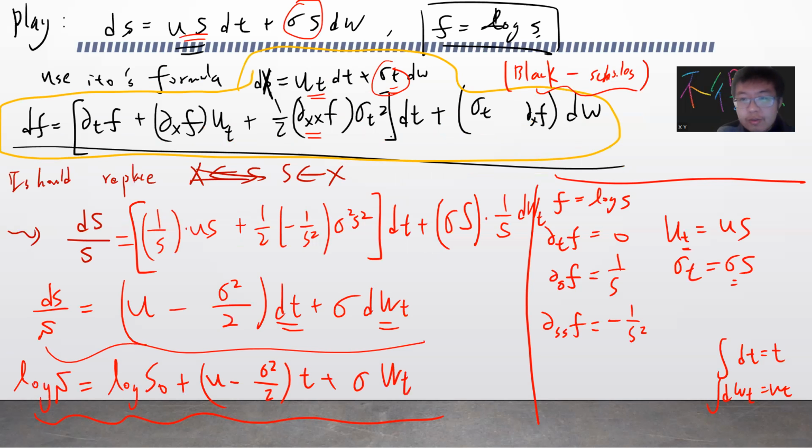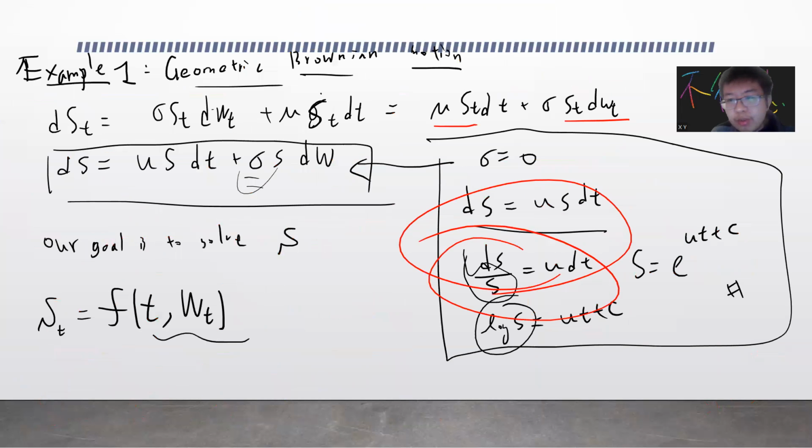For the Black-Scholes model, I think it uses exactly the same proof. So this is the first implication of geometric Brownian motion that we derive the result.